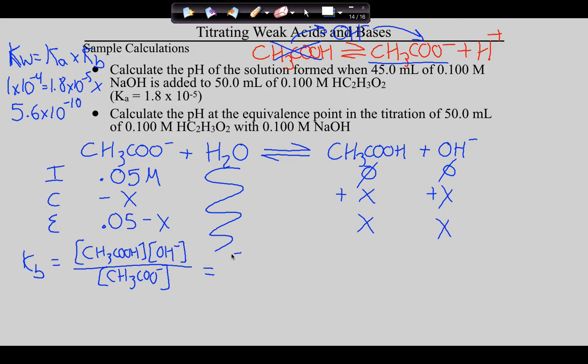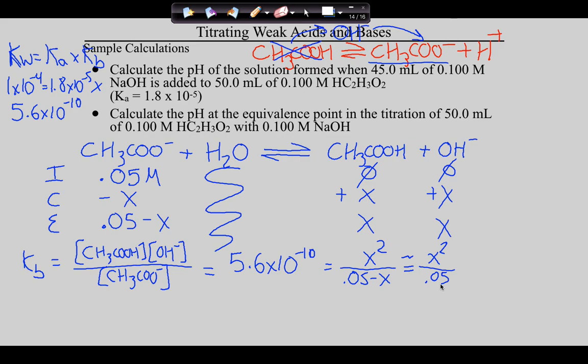So 5.6 times 10 to the negative 10th is equal to x squared all over 0.05 minus x. Heaven knows we can drop the minus x, because that would be a 10 to the negative 10th. So we have x squared all over 0.05.